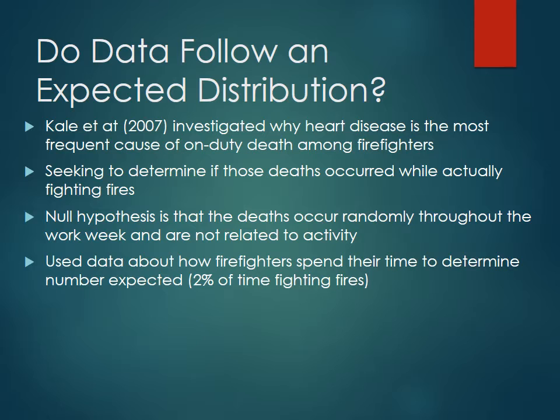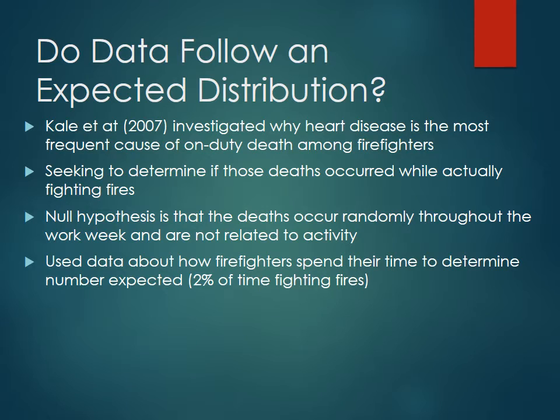So that's one example. Here's another one where they were actually looking at heart disease and why it's the most frequent cause of on-duty death amongst firefighters. And so they wanted to see if there was anything determining where the deaths were occurring, and whether more of these deaths were actually occurring when they were fighting fires, and whether those values were different than what would be expected just due to random chance.